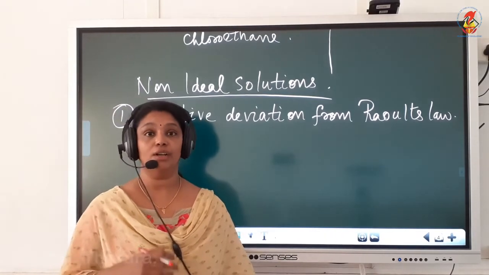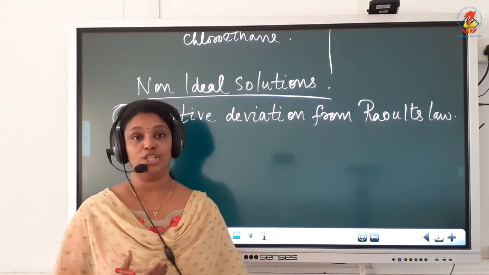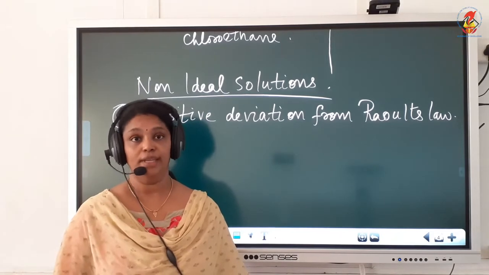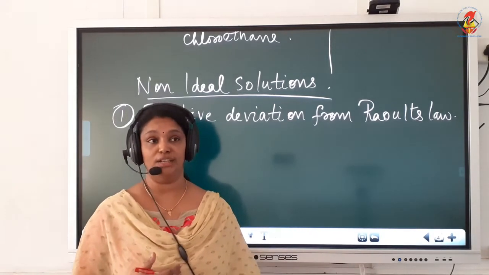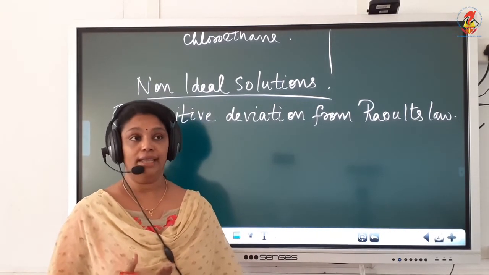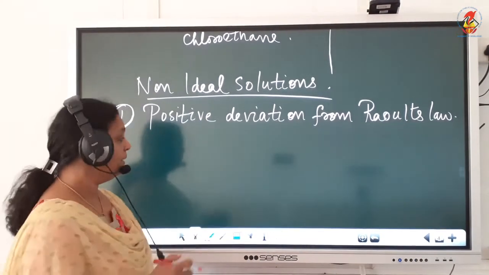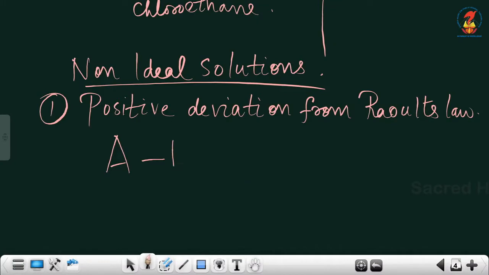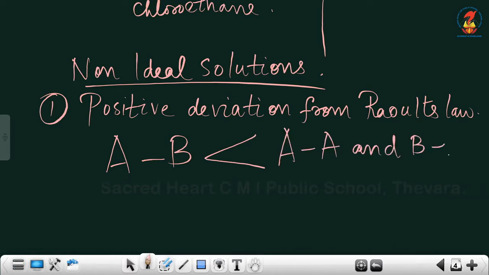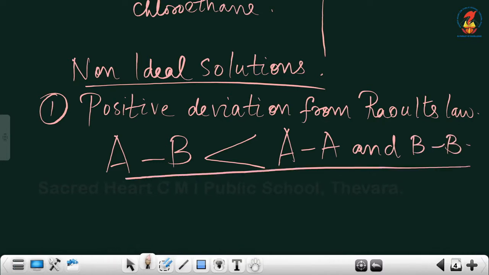Now let us see the cause for this deviation from Raoult's law. The reason for the deviation is that in solutions showing positive deviation from Raoult's law, the AB interactions, meaning solvent-solute interactions, are weaker than solvent-solvent and solute-solute interactions.